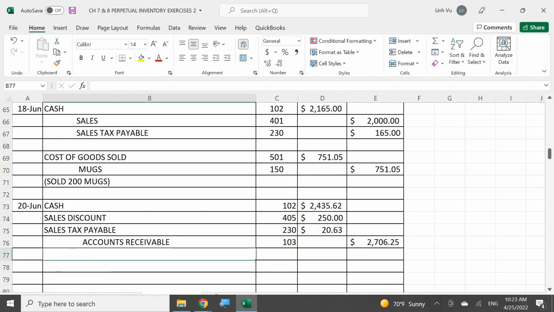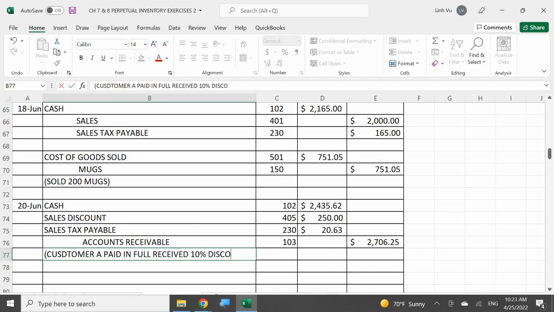Then here we're going to say customer A paid in full, received 10% discount.